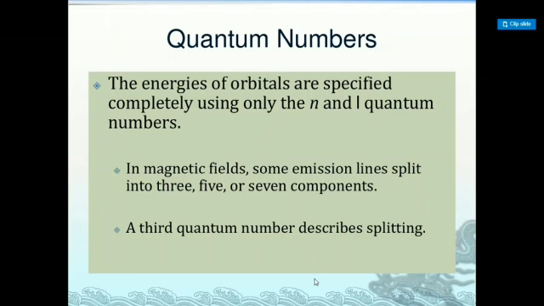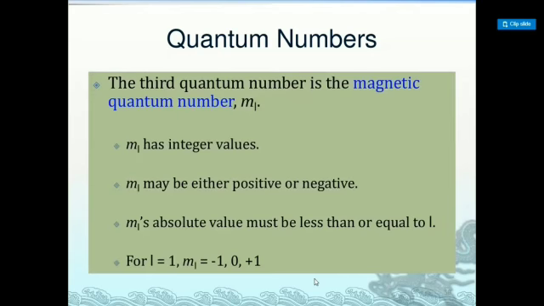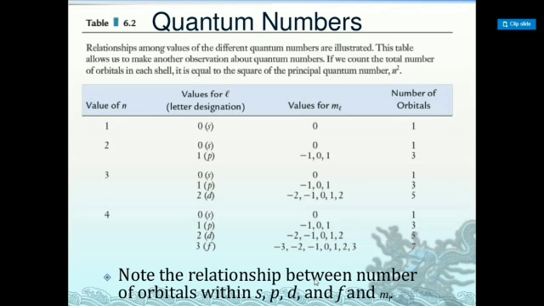So in d, 10 is the maximum number of electrons, and in f, 14 electrons can be possessed. So the third quantum number is the magnetic quantum number, as I explained, and its values are minus l to plus l, that is 2l plus 1 values: minus 1, 0 and plus 1.